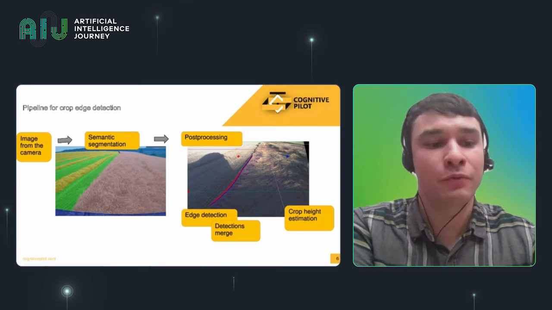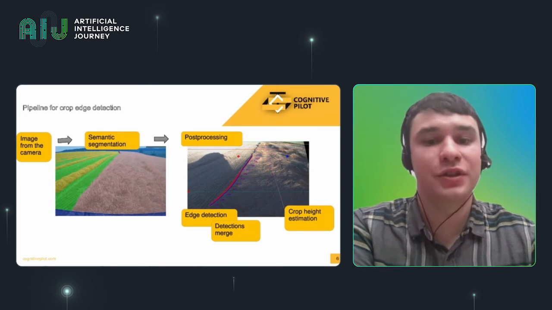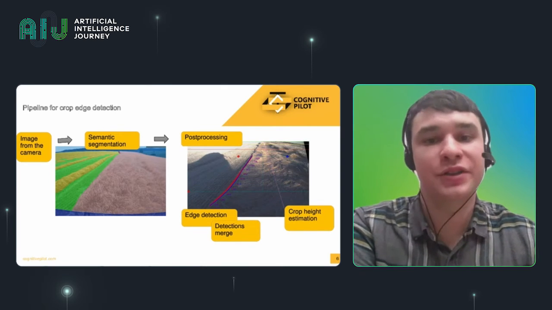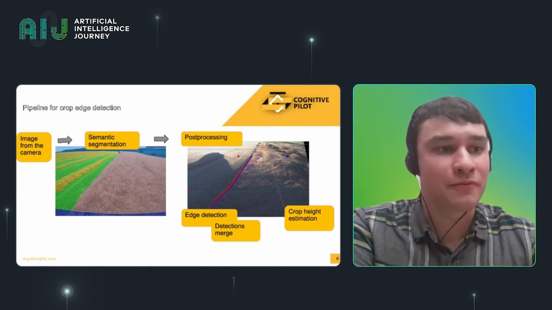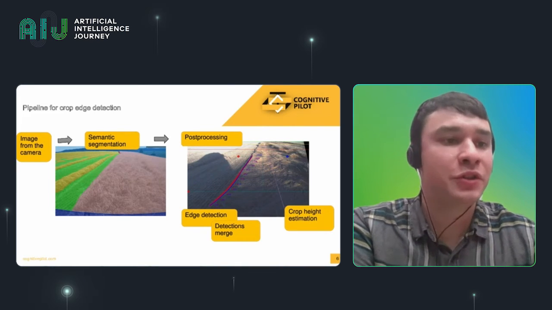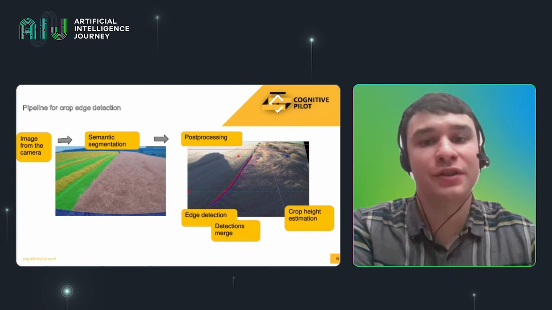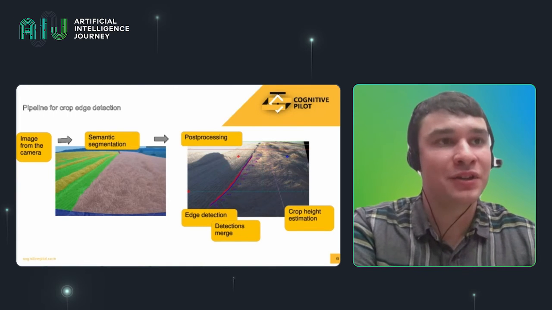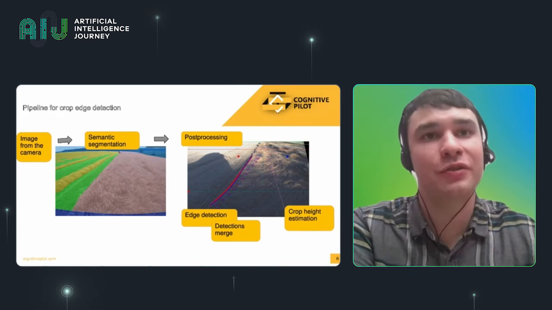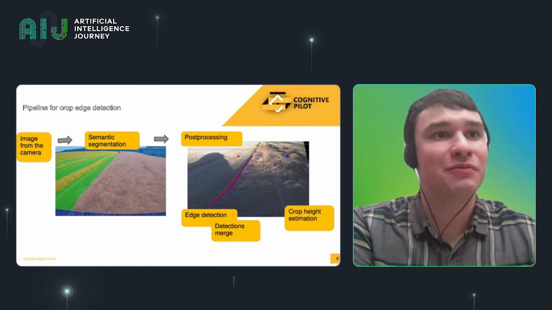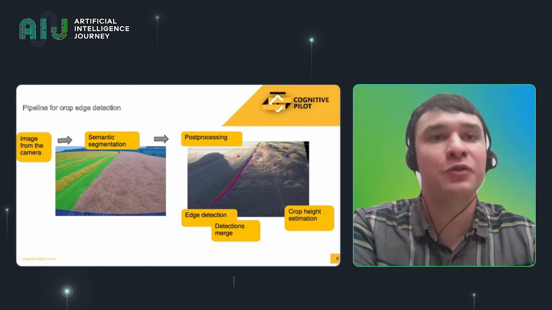One more algorithm which is performed in parallel is crop height estimation. We need it because we detect the crop edge at the highest points of the edge, but we should control the vehicle in the ground plane.